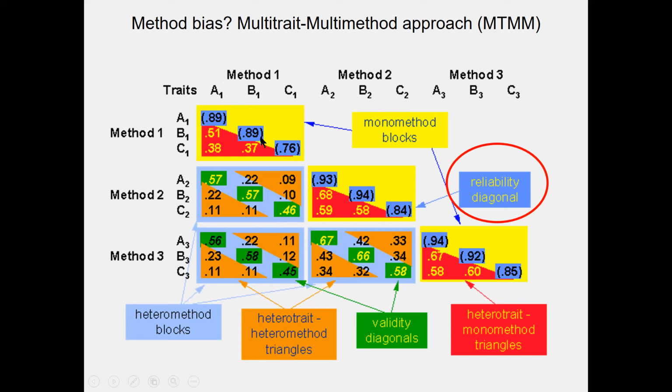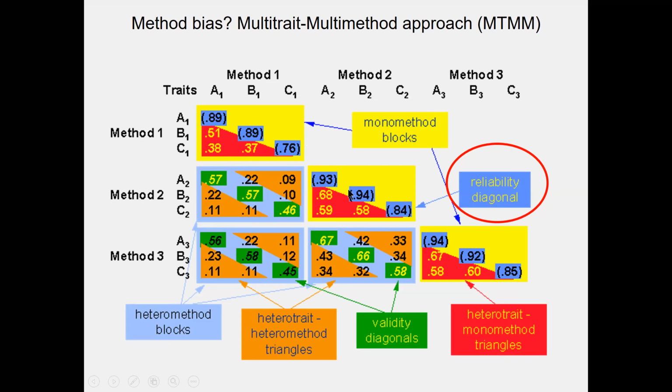I'll go down to this 0.76, the third on the diagonal, which is trait C, which is mood disorder, in the spousal report, correlated with trait C in the spousal report. So that's its reliability.